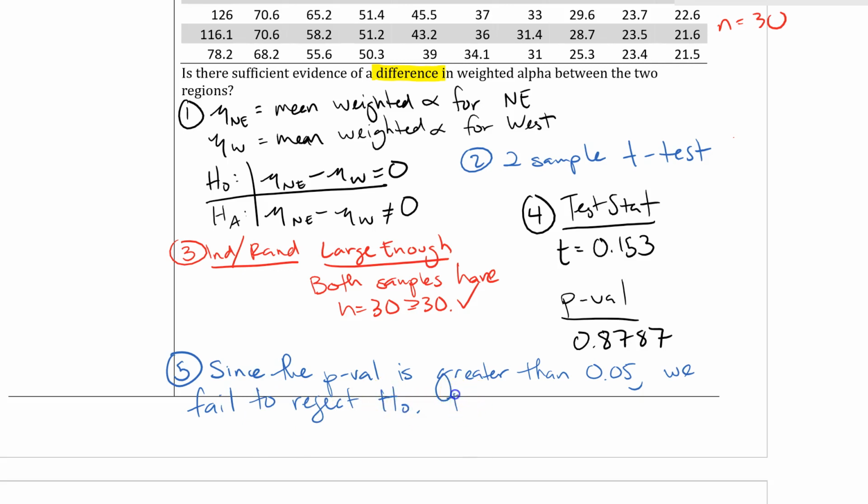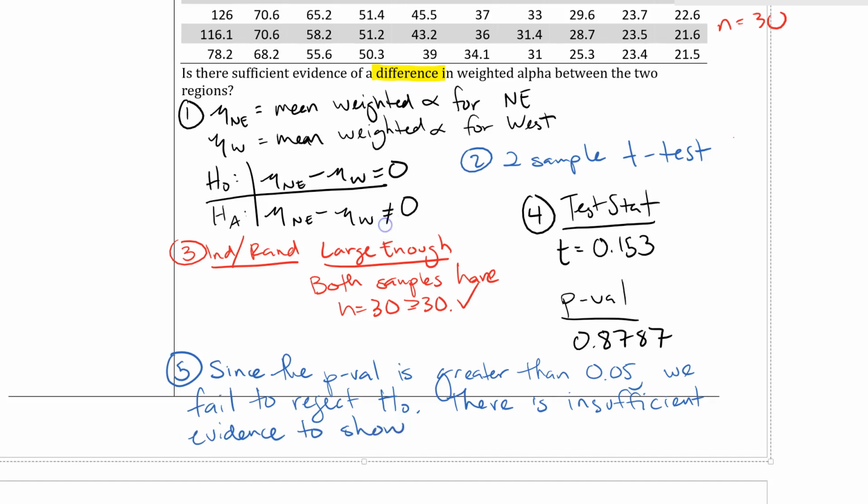So what does this mean? There is insufficient evidence, or not enough evidence, to show. And what are we trying to show? Again, the alternative, which is saying that they're not equal, that there is a difference between the weighted alphas in these two regions.